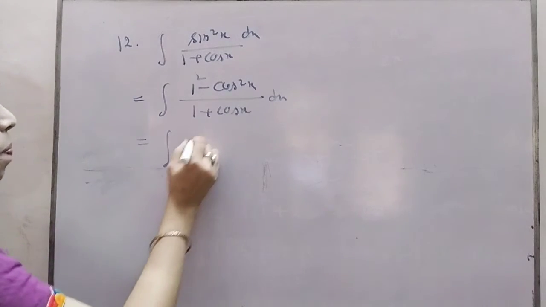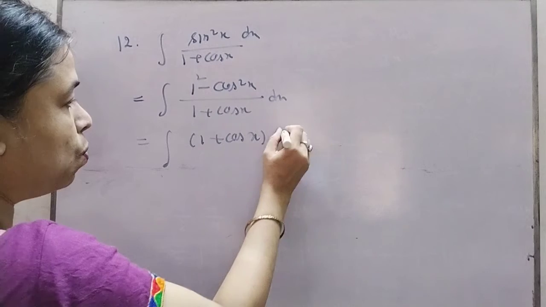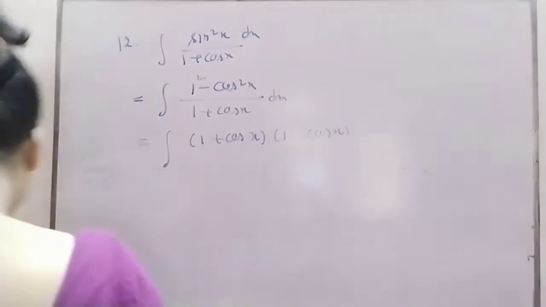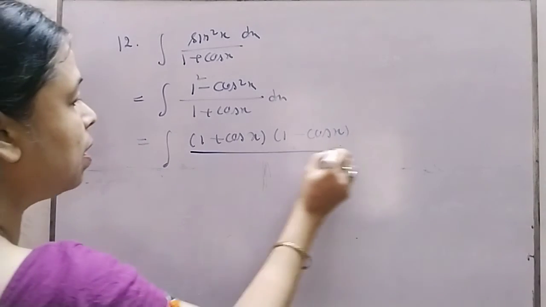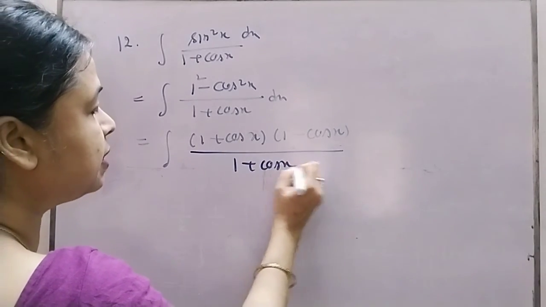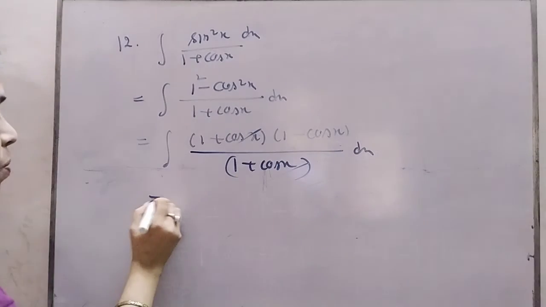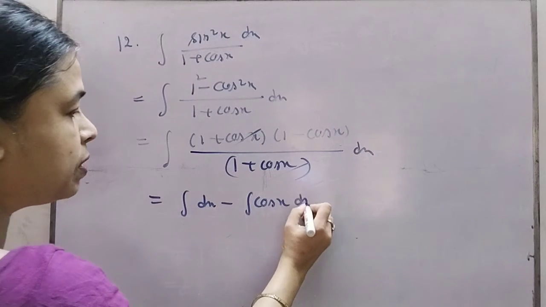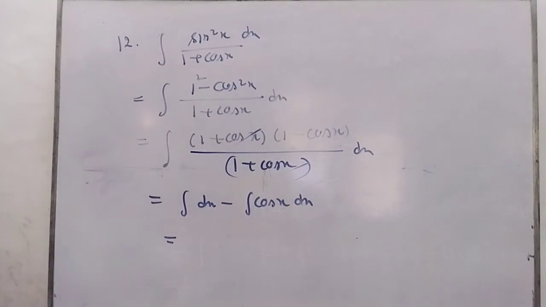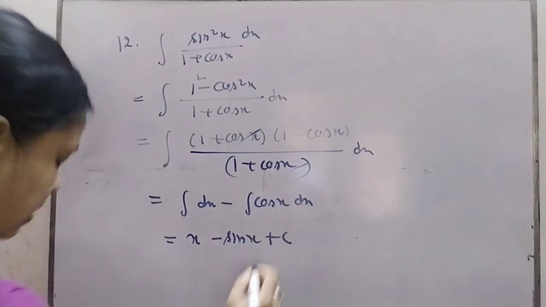So it becomes 1 plus cos x into 1 minus cos x whole thing divided by 1 plus cos x into dx. This is cancel out. One expression only that will be left. Integration of dx minus integration of cos x into dx. What is the integration of dx? It's x. Integration of cos x is sin x plus c.